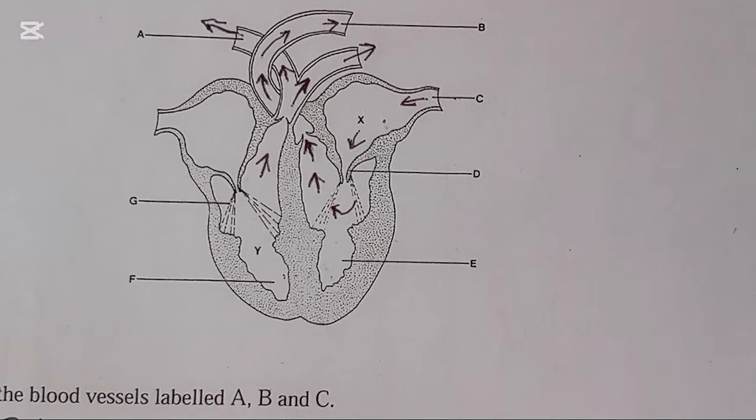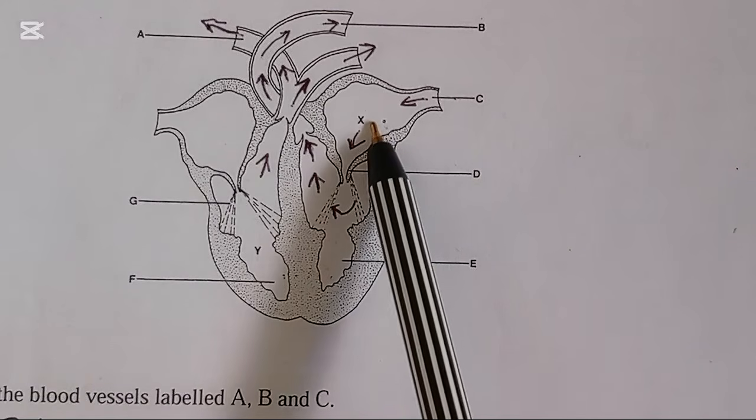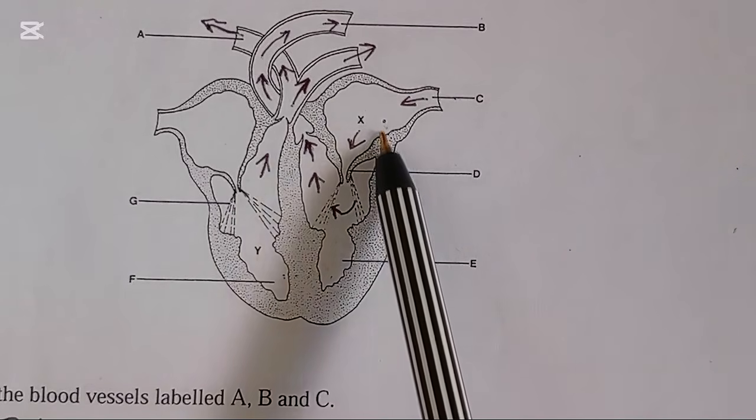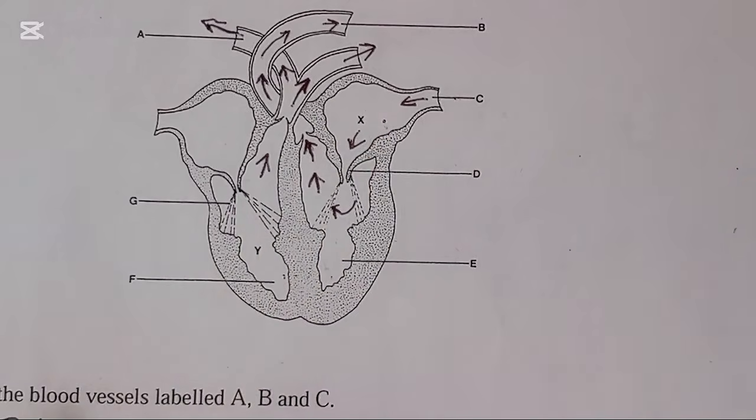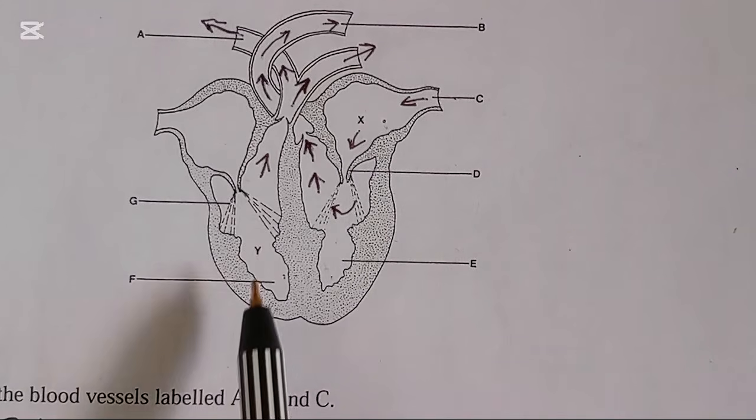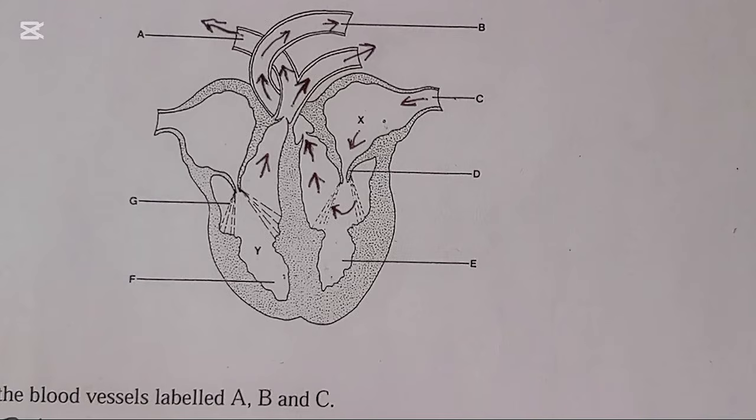Why? Because it is coming from the lungs where blood is being oxygenated. Then at Y, this is the right ventricle.